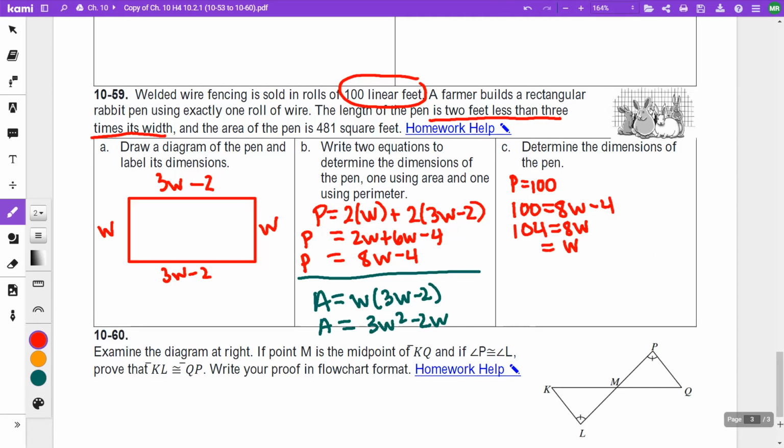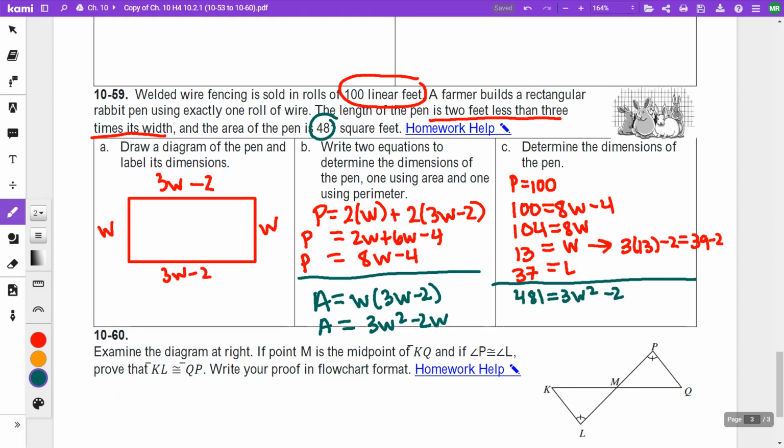And when I divide 104 by 8, I end up getting 13 for my width, which means that 3 times 13 minus 2, so 39 minus 2, my length is going to be 37. Now, if I'm dealing with area, the area is 481. So I'm going to go 481 is equal to 3W squared minus 2W.